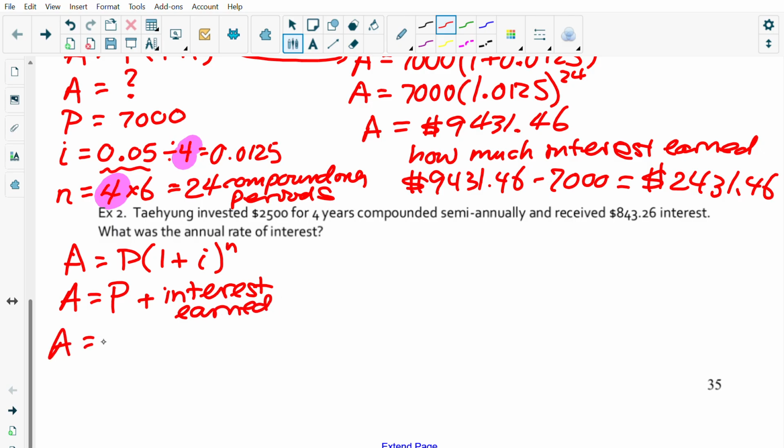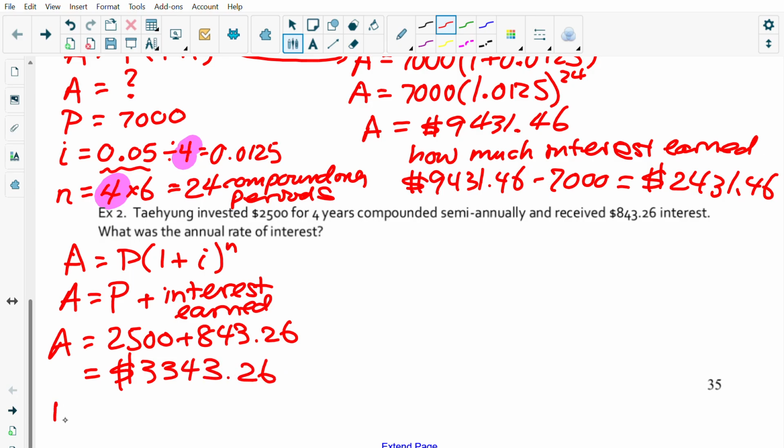Well, we have those values. A equals the original investment, $2,500, plus the interest earned, $843.26. That is $3,343.26. Okay, our principal, our original starting amount, is $2,500.